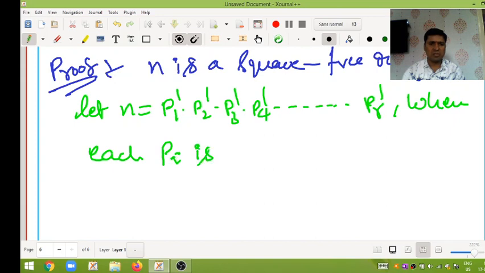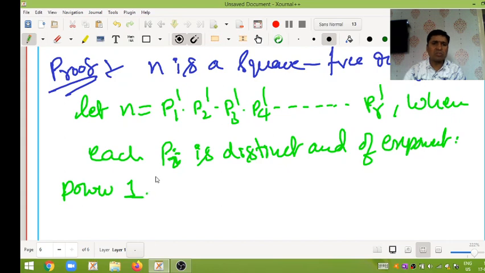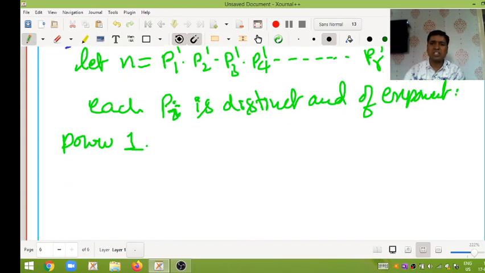Each pi means the general term, the ith term I am taking. Each pi is distinct and of exponent power 1. This is about a square free integer.